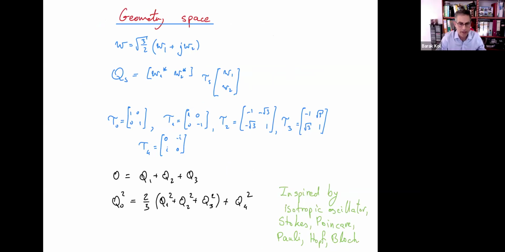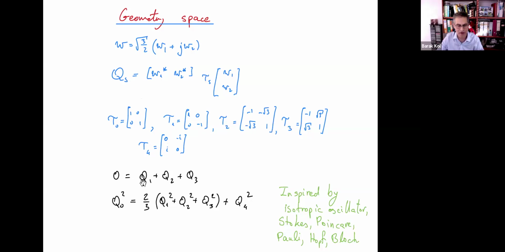So here we get these Qs, and these Qs are a little different than the Pauli matrices. We have the unit matrix, we have this matrix, which is like sigma 3, we have tau 4, which is like sigma 2, and instead of sigma x, we have 2 taus, tau 2 and tau 3.